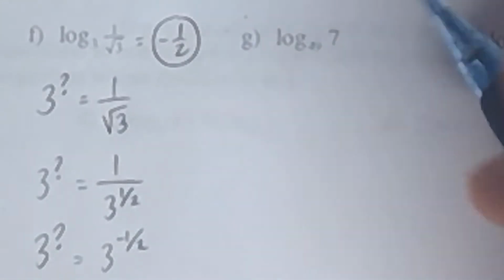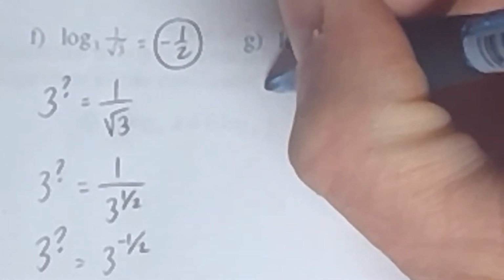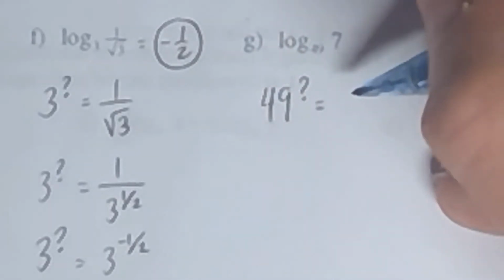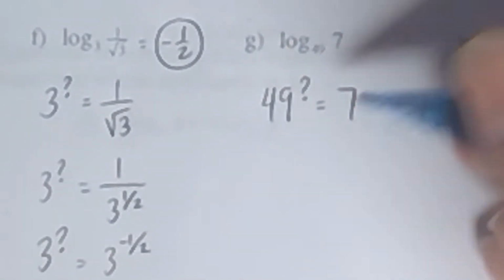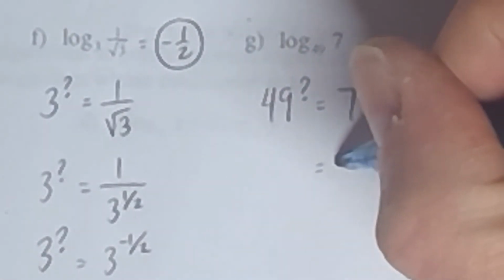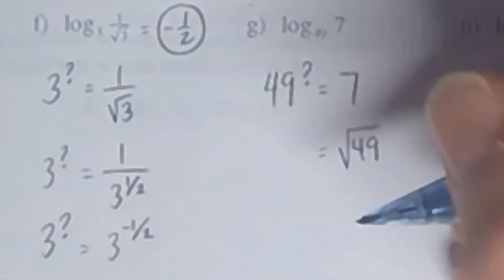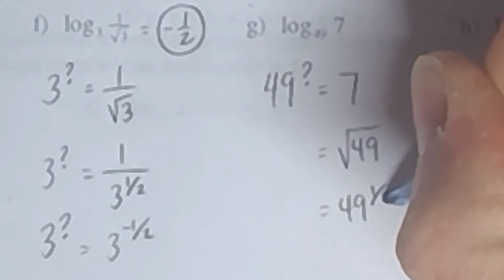Notice it's 7. Isn't 7 the square root of 49? Okay, and since it is the square root of 49, as I set this up, then it's just like problem E. It just looks a little bit different. Since 7 is the square root of 49, then we know that the missing exponent must be the 1/2 power.